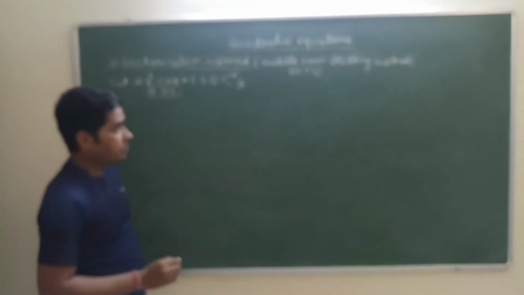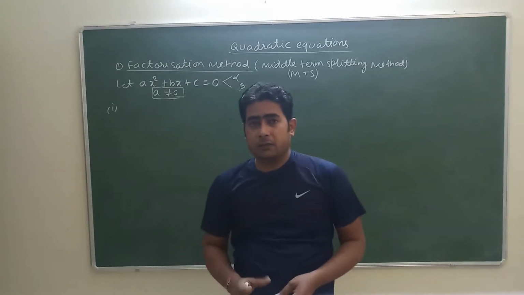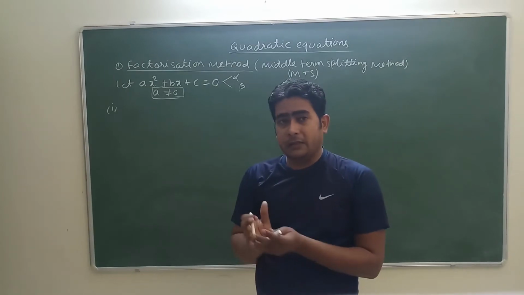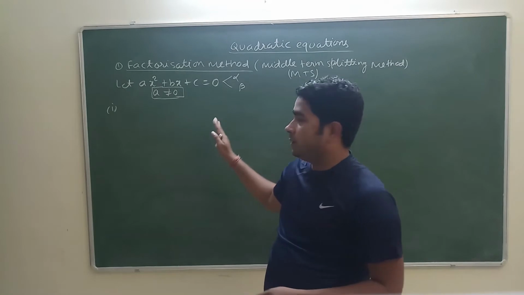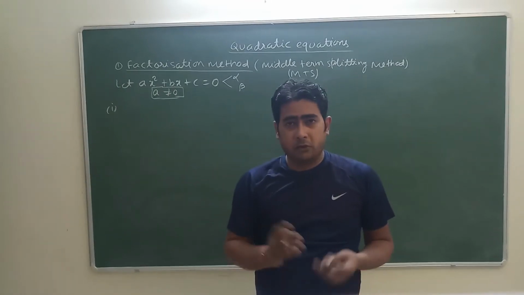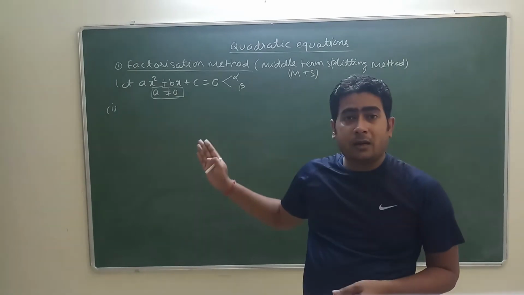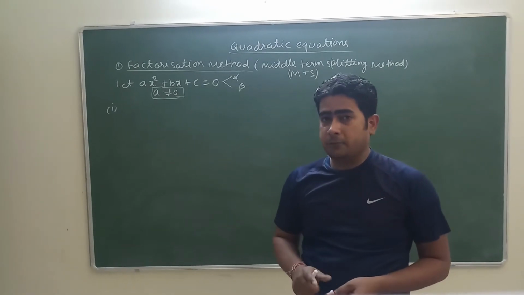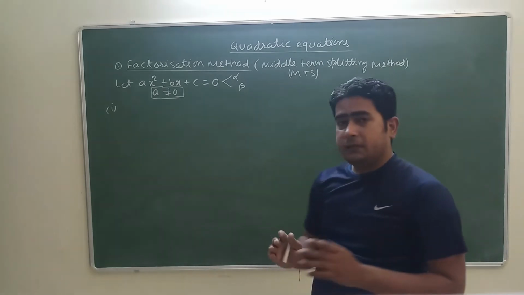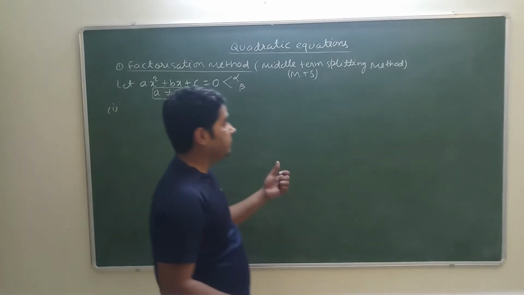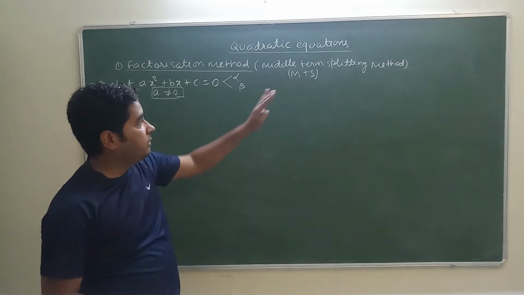Now it's a myth that every quadratic equation that has to be solved by factorization method necessarily needs middle term splitting. It's not correct. Every quadratic equation is not necessarily factorized by middle term splitting. There are so many other approaches also, so let's see what are those approaches in which we can factorize a quadratic equation without using middle term splitting.